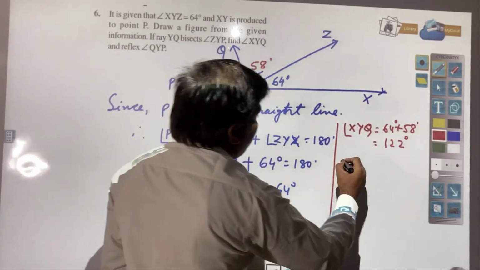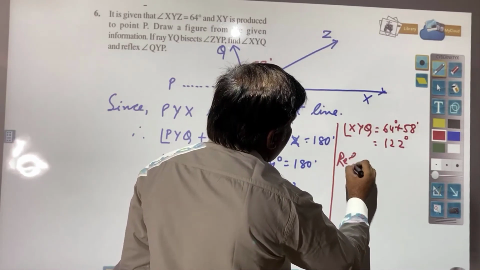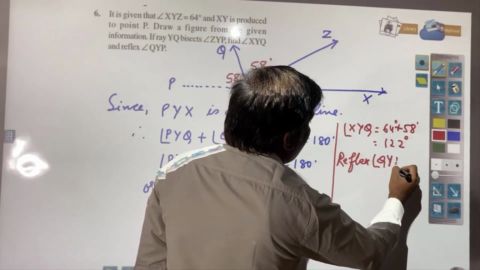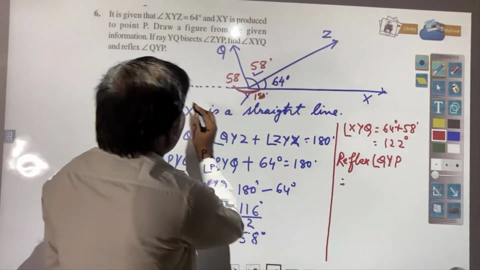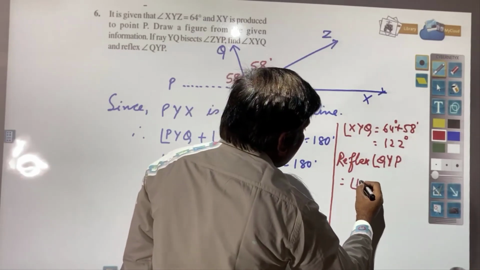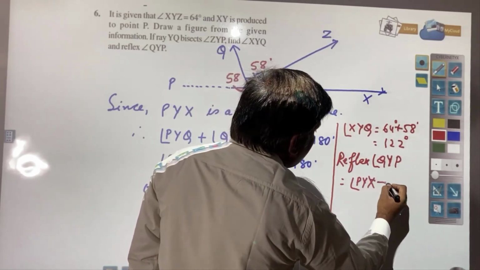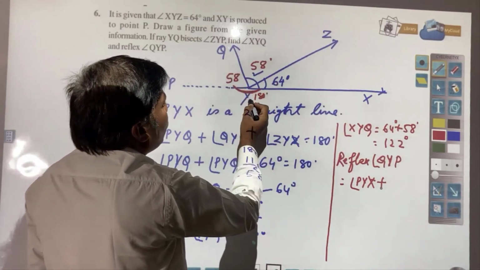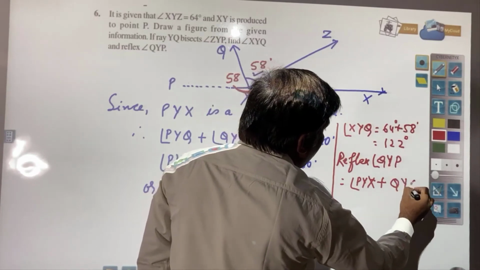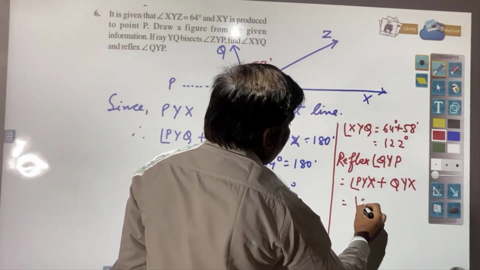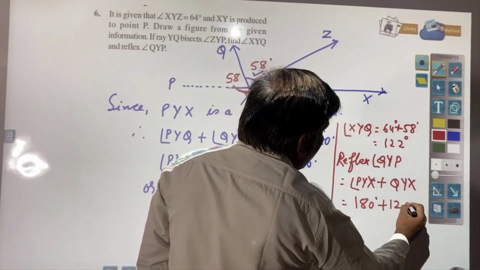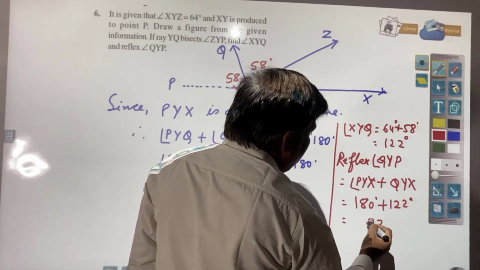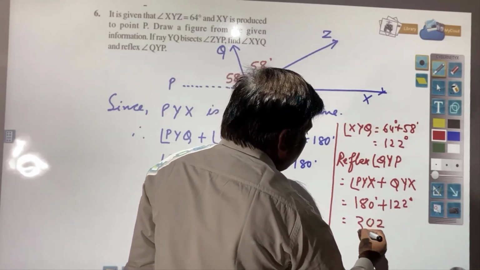So you will write reflex of angle QYP will be equal to angle PYX plus angle QYX, and that is equal to 180 degrees plus 122 degrees, which is 302 degrees.